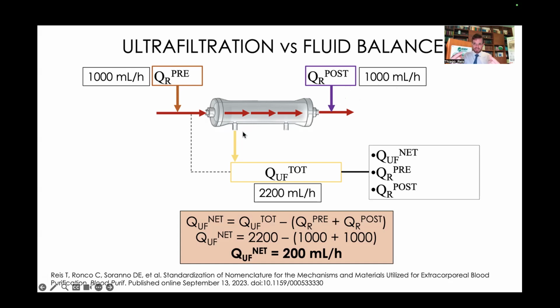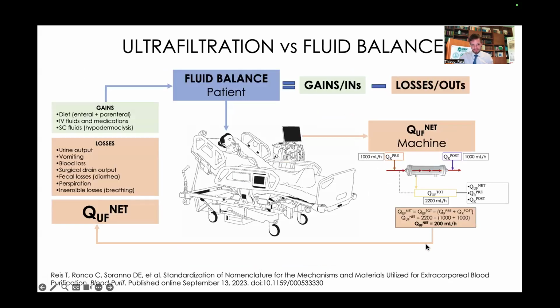And on top of that, we apply what we call net ultrafiltration. It's the amount of fluid that is being removed from the patient. And in this example, I placed here 200 mL per hour. So each hour we would reduce the patient fluid balance by 200 mLs in this configuration. So this is net ultrafiltration. The total ultrafiltration also includes pre and post-filter replacement.